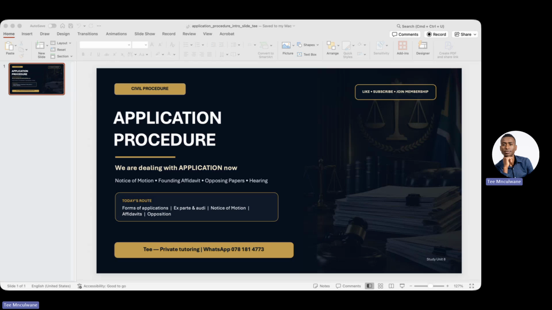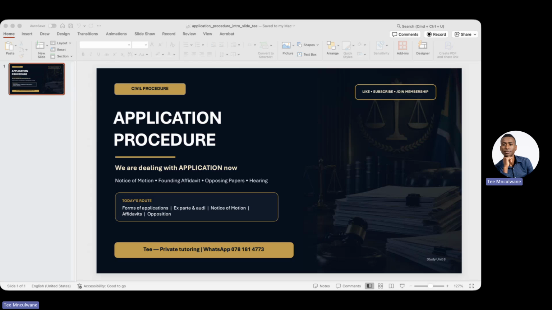Seventh, you wait for the respondent's notice of intention to oppose. Eighth, if the respondent opposes, receive the answering affidavit, right? Ninth, deliver the replying affidavit if necessary. And then tenth, you set the matter down for hearing. Eleventh, argue the matter in court on papers, right?